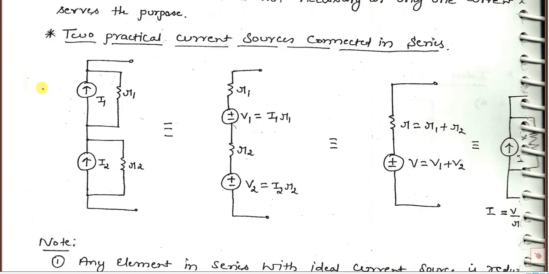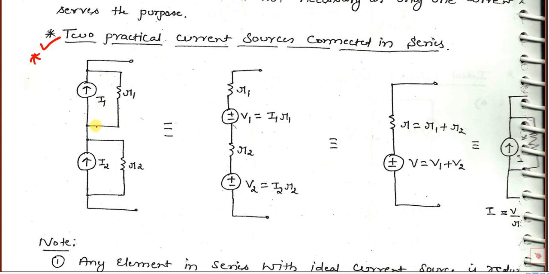Next, very, very important. Many times this situation will come: two practical current sources are connected in series. How to reduce? I told you, in parallel we can add current sources. If two current sources are given in series, we can add voltages, because in series we can add voltages.